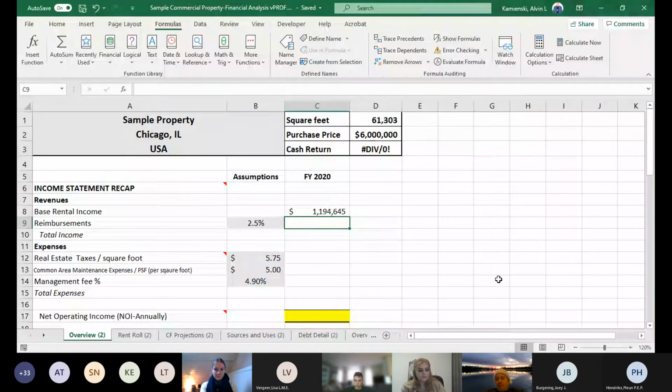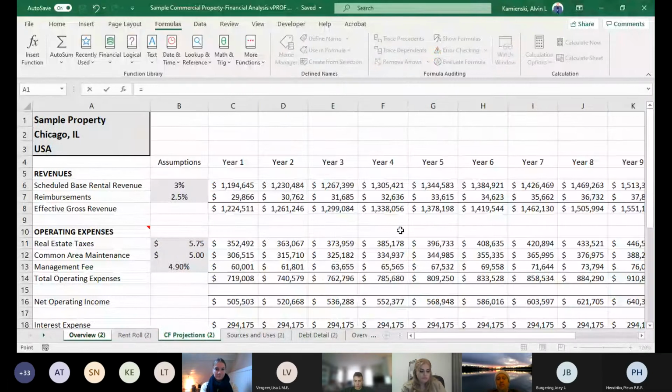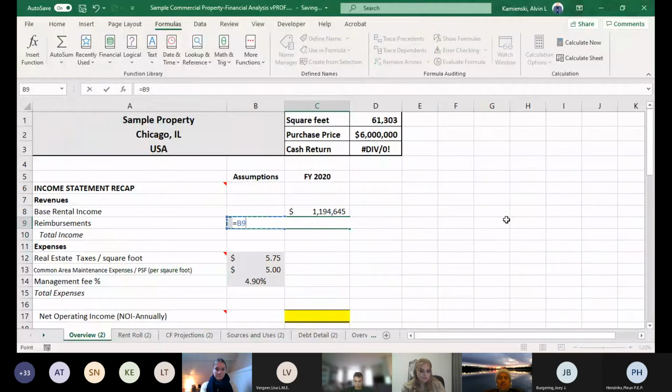My basic preference whenever I'm working within Excel is to use the cover sheet to point to the details. So I know I've got my reimbursements that I calculated over here. So instead of doing equals 2.5% times the 1.194, it's the same number.